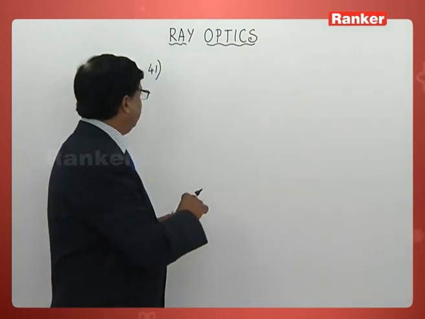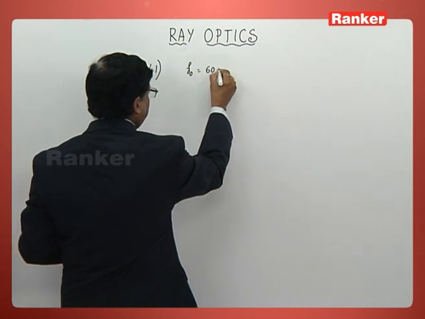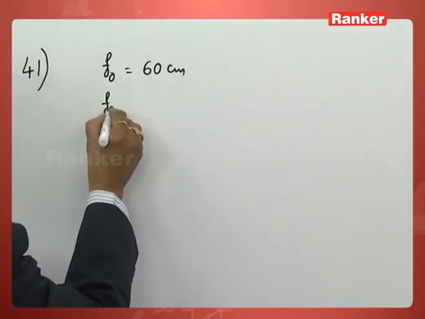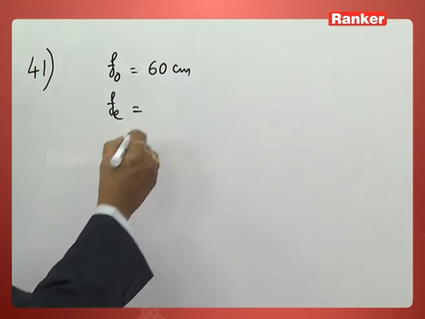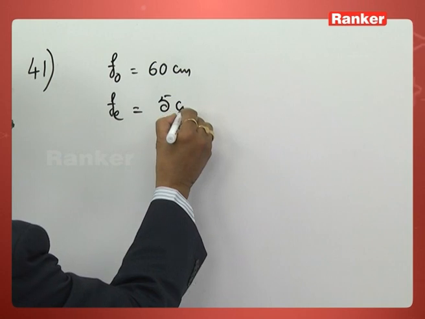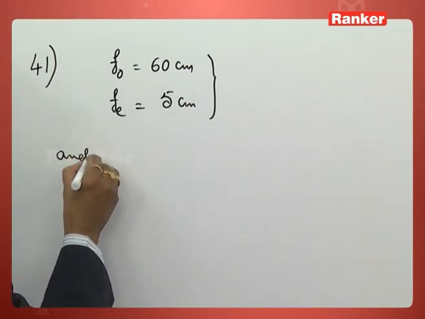Let us first of all identify. The focal length of the objective is given as 60 centimeter and the focal length of the eyepiece is given as 5 centimeter. That's what has been given. This is the pair of values he has mentioned. Fine. Then what is the other one he has given?